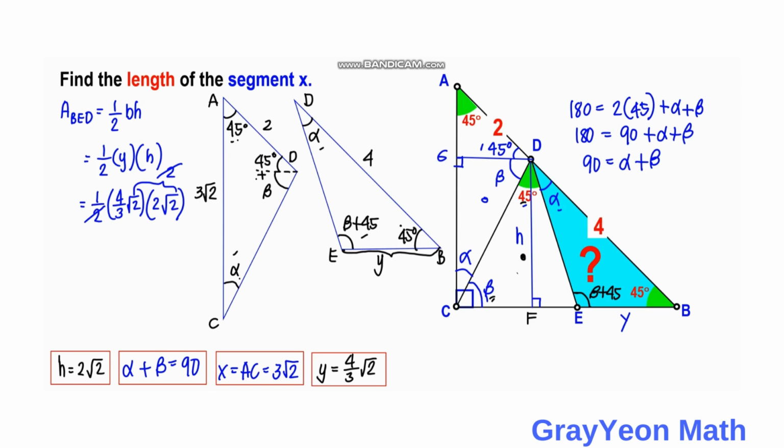So we have to multiply this 4 and 2 over 3. So area BED is equal to 4 times 2, which is 8 over 3 square units. And that is our answer.